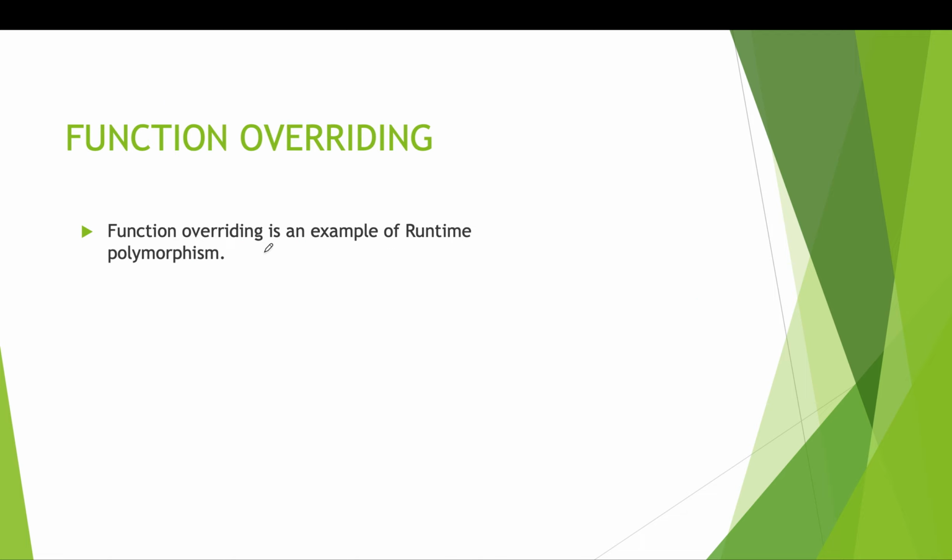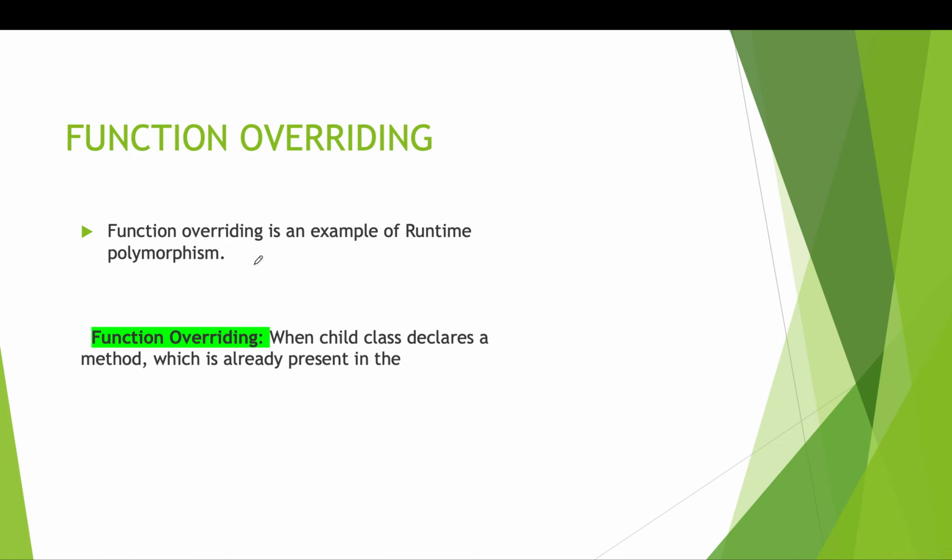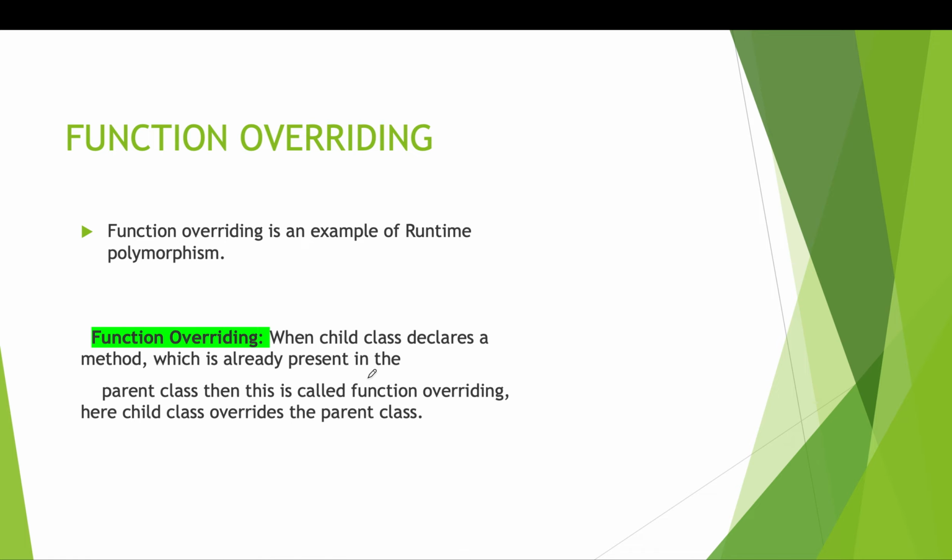Function overriding is an example of runtime polymorphism. When a child class declares a method which is already present in the parent class, this is called function overriding. Here the child class method overrides the parent class method. That means the child class method dominates.